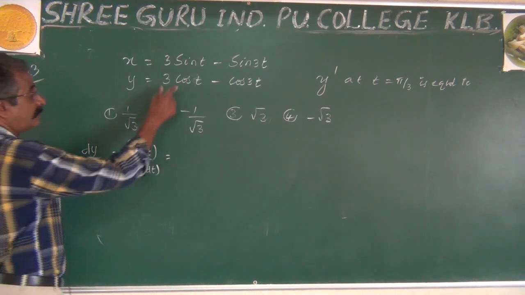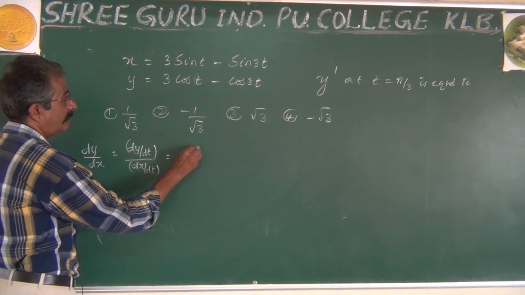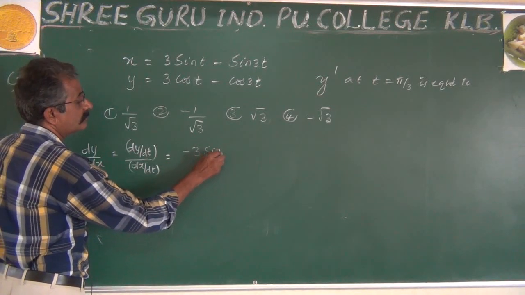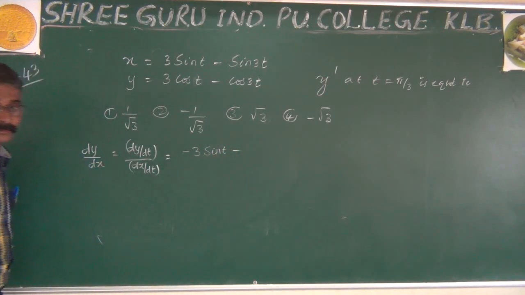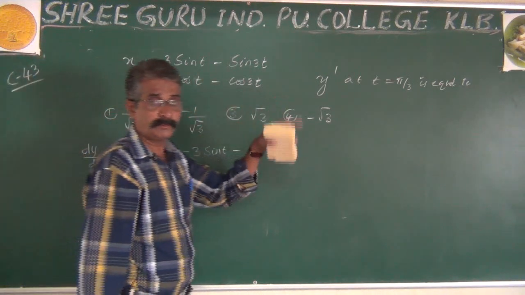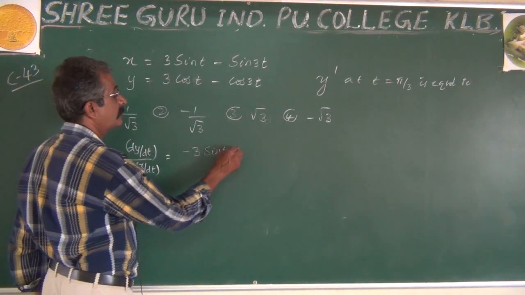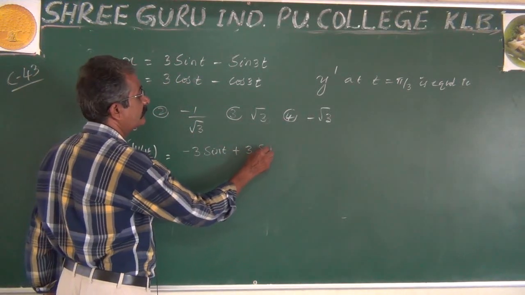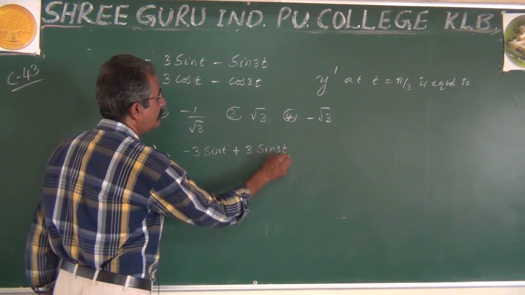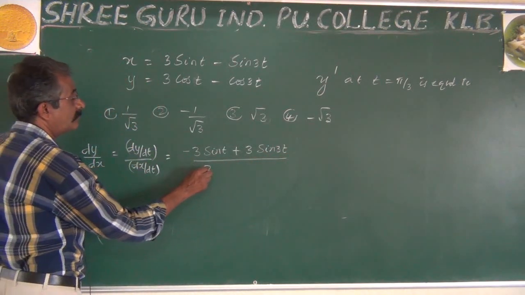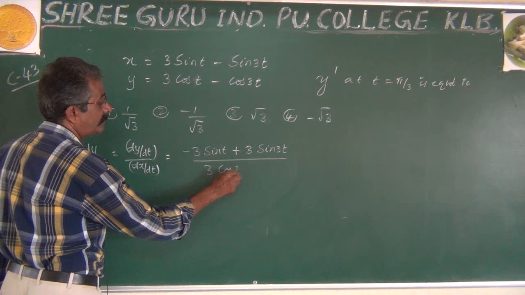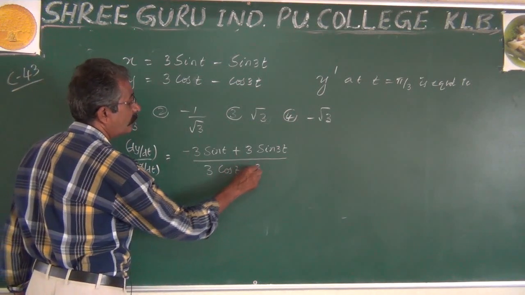That means differentiation of 3 cos t is minus 3 sin t, minus differentiation of cos 3t, which is minus 3 into sin 3t, so minus of minus, plus 3 sin 3t, divided by dx by dt, which will become 3 cos t minus 3 into cos of 3t.